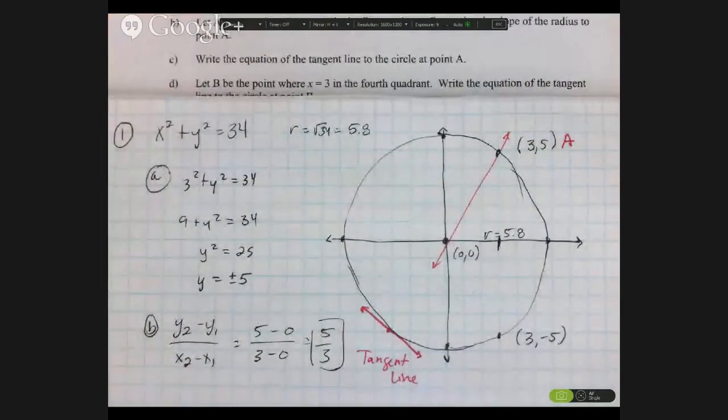Write the equation of the line tangent to the circle at point A. We've done this before. Do you remember how to calculate the slope? Think about it.